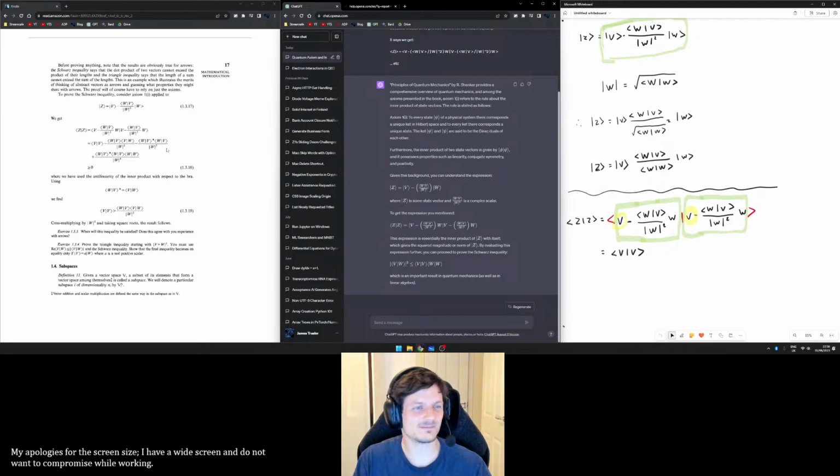Let me just consider this for a second. So the WV is swapped with VW, which is interesting. WV, and the W is no longer on its own.